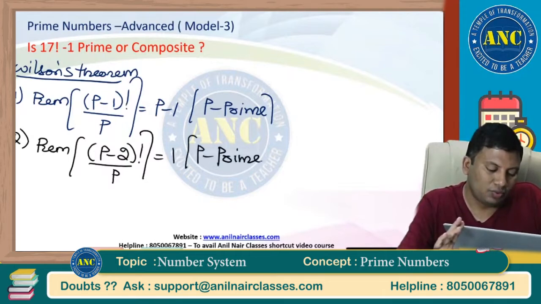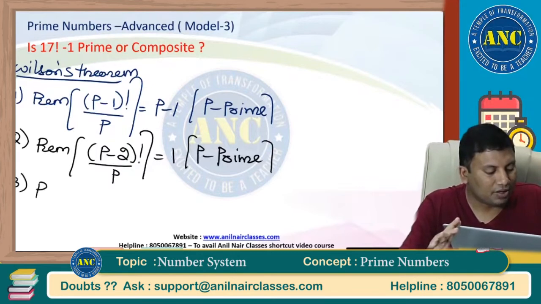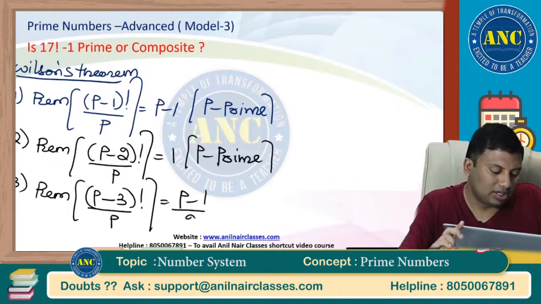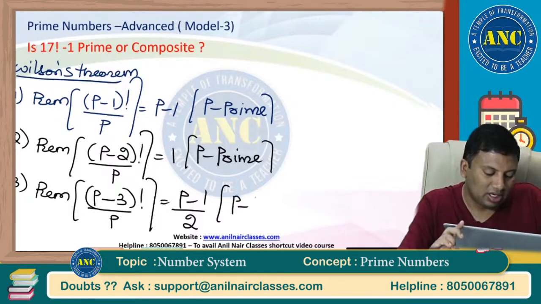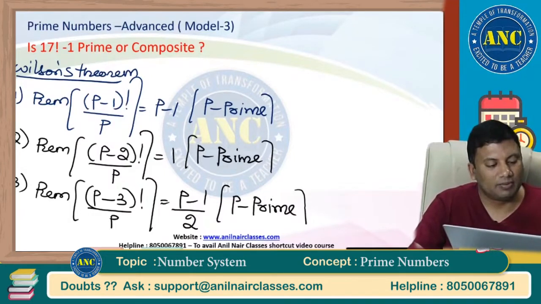Third, the remainder when p minus 3 factorial is divided by p is nothing but p minus 1 by 2. These are the three important conclusions, the corollaries of Wilson's theorem.